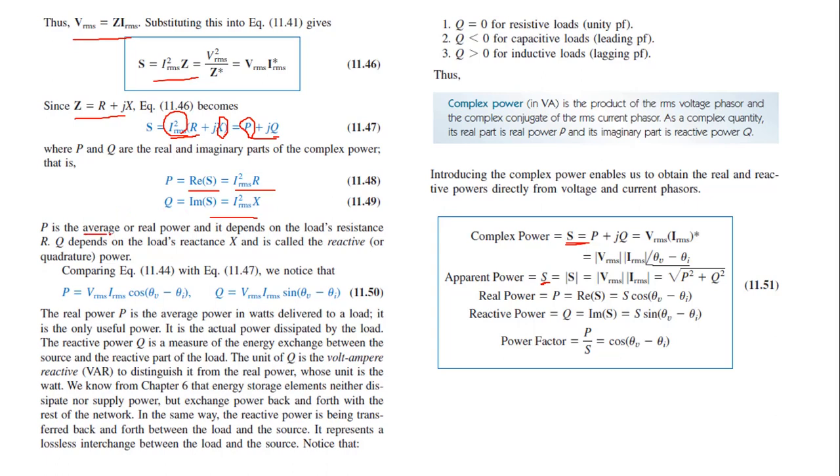Now P is called the average or real power, and this depends upon the value of the load resistance. Whereas the Q term is the imaginary part of S and it depends upon the load reactance, and that's why it is called reactive power or quadrature power.